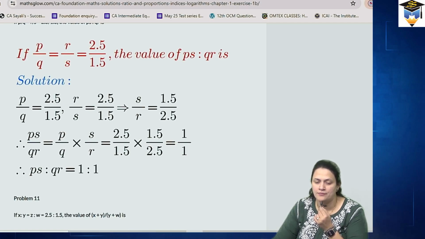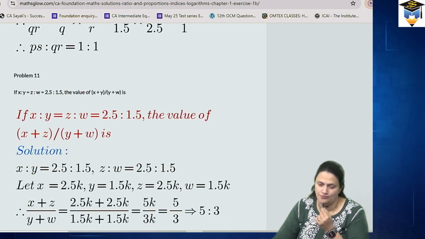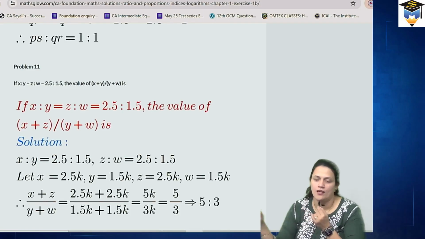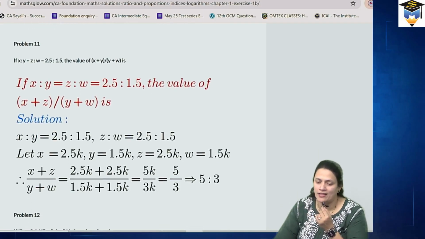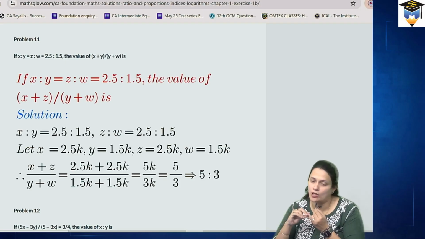Now next sum. If X is to Y is equal to Z is to W, the ratio is given to us as 2.5 is to 1.5. You have to find out the value of X plus Z upon Y plus W. So they have solved it by taking K. K is nothing but our constant. So X is equal to 2.5K, Y is equal to 1.5K, and Z is equal to 2.5K.